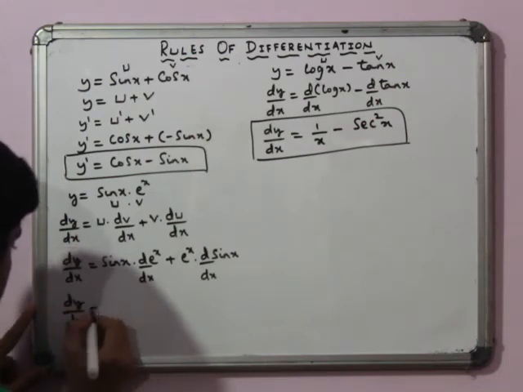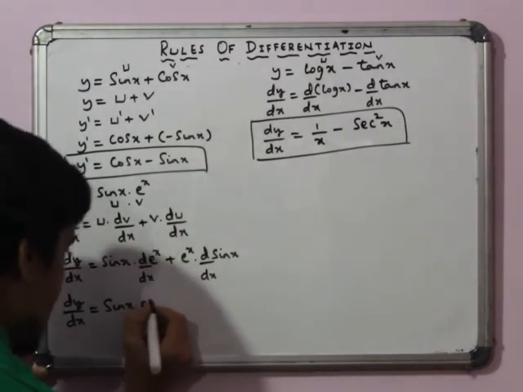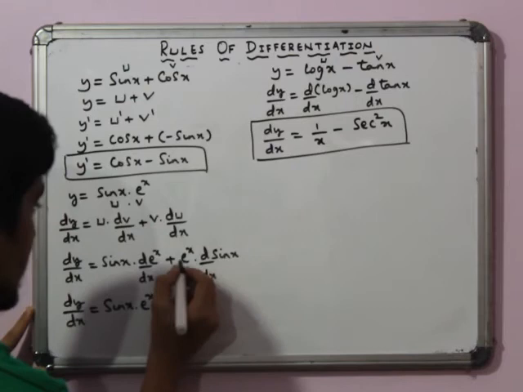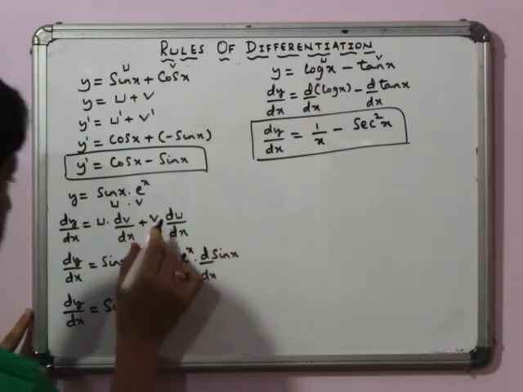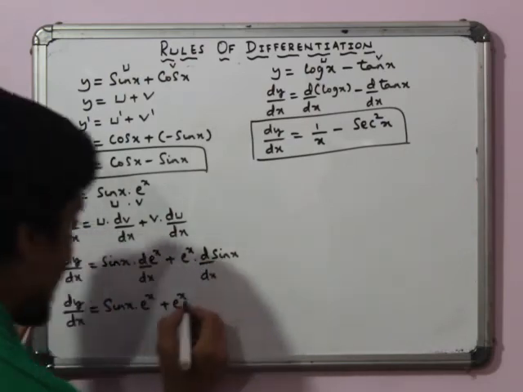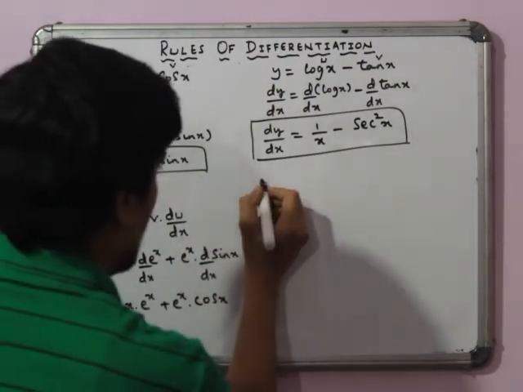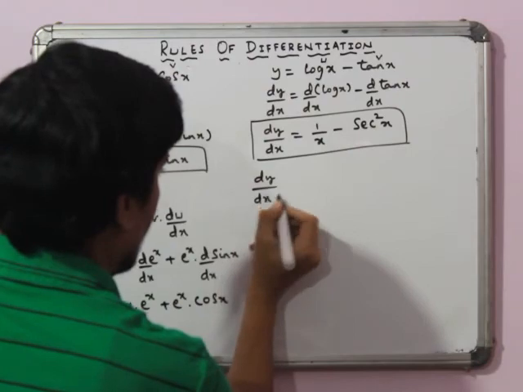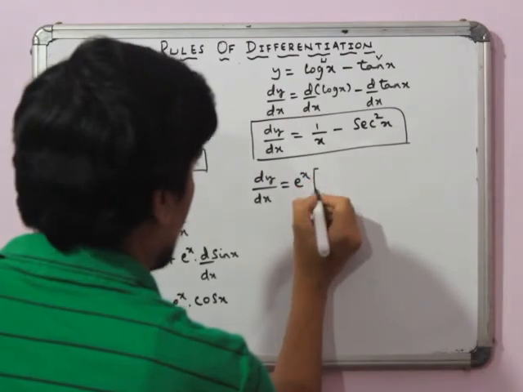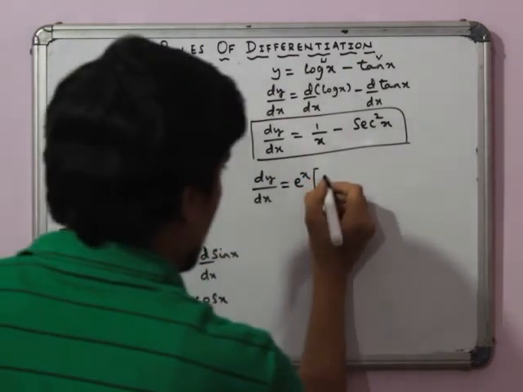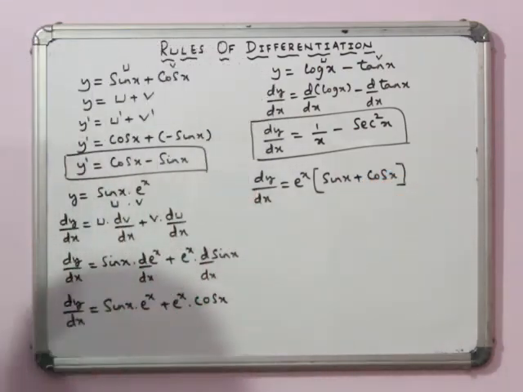Dy by dx is equal to sin x as it is, differentiation of e power x is e power x, plus e power x as it is into du by dx, that is differentiation of sin x, which is cos x. So in these two, dy by dx is equal to, you can take out e power x outside as a common term. So what will remain? Sin x plus cos x.